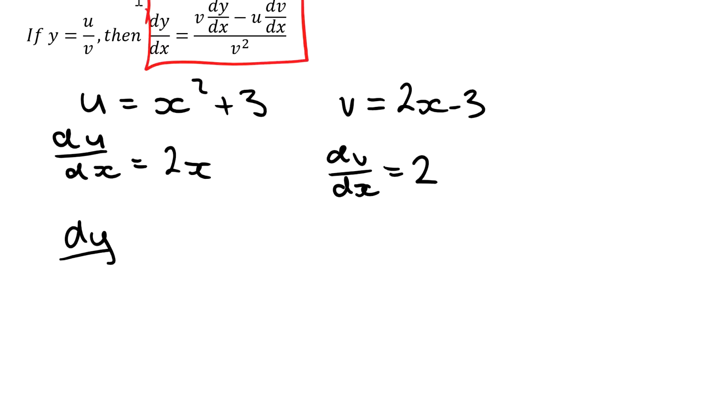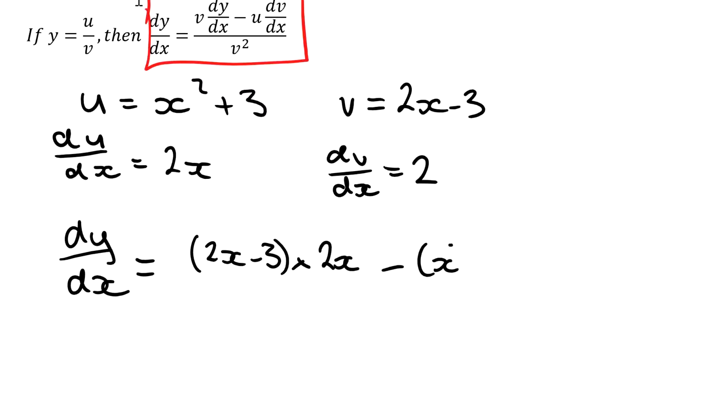So dy/dx will be our v, so 2x minus 3, multiplied by dy/dx. Sorry, that's meant to be du/dx, which is our 2x. Then we go minus our u, x squared plus 3, multiplied by 2.